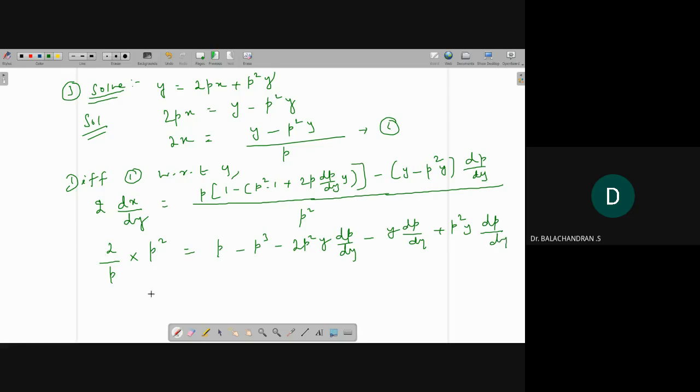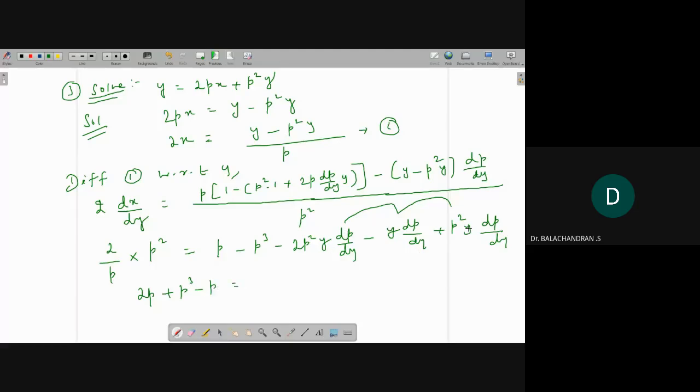Now this is 2p plus... Now you should collect the terms which contain dp by dy separately, and the remaining terms separately. Okay, so you should group these three remaining things separately. So this is 2p plus p cube minus p.